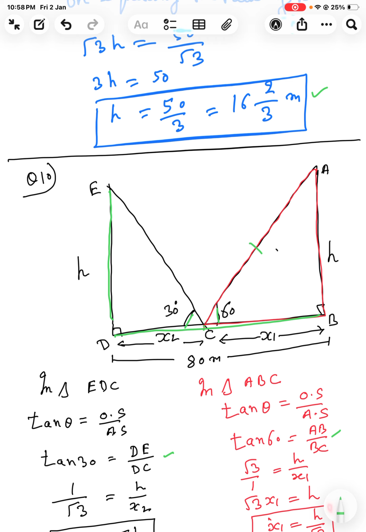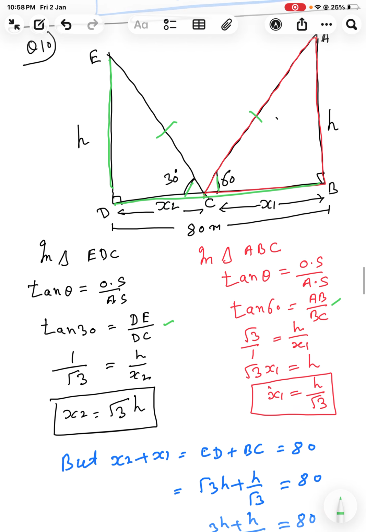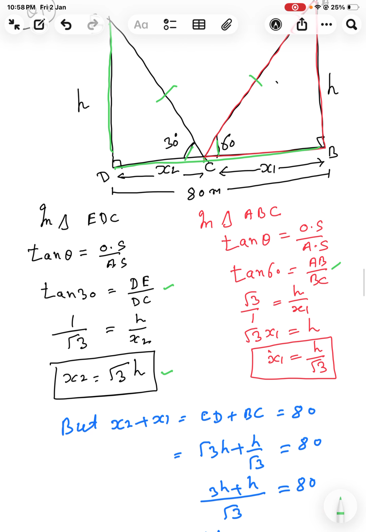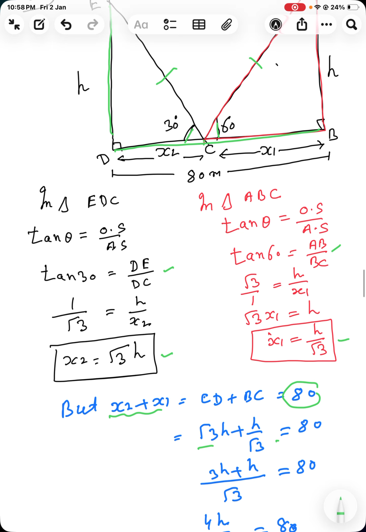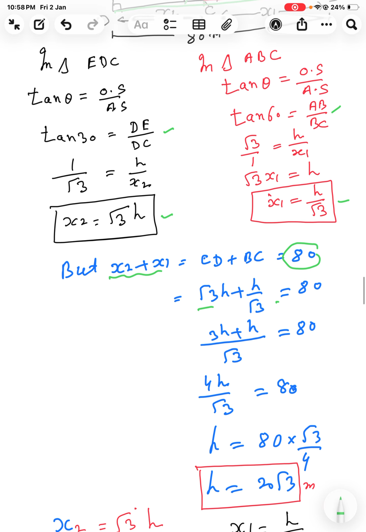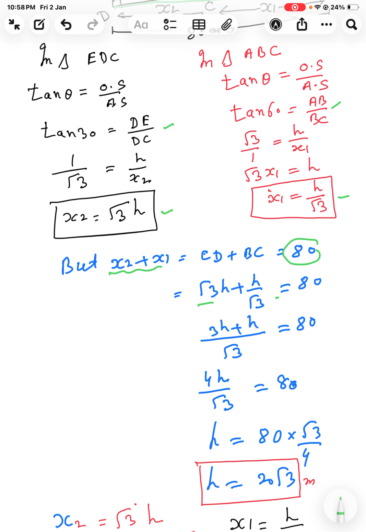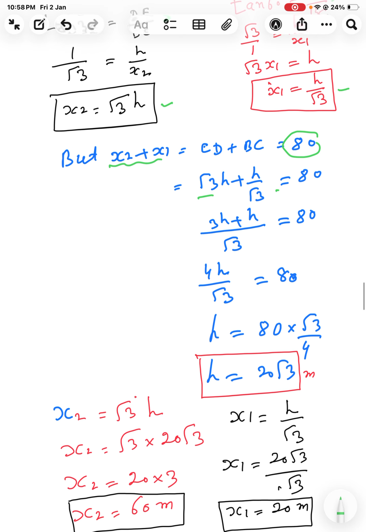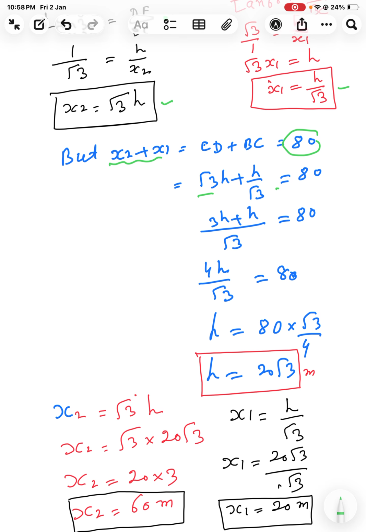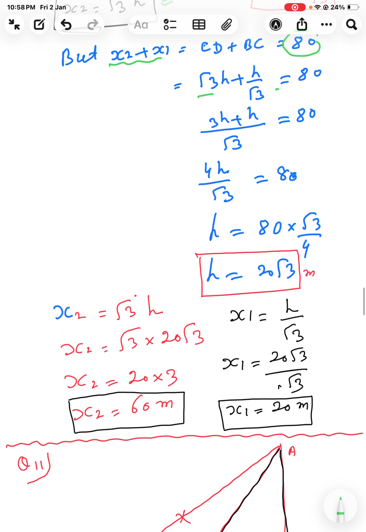Because there is no role of diagonals, apply tan theta. x2 and x1 we have calculated, but x2 plus x1 is given as 80. By putting the values of x2 and x1 after solving, the value of h is 20 root 3 meter. Then put the value of h in equations x2 and x1. We can find x1 and x2.